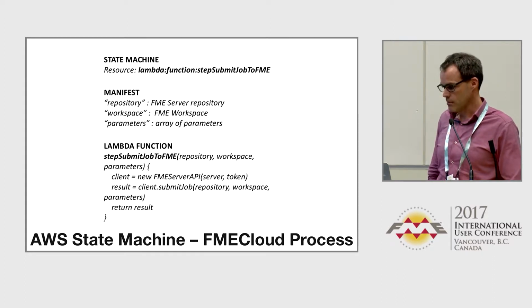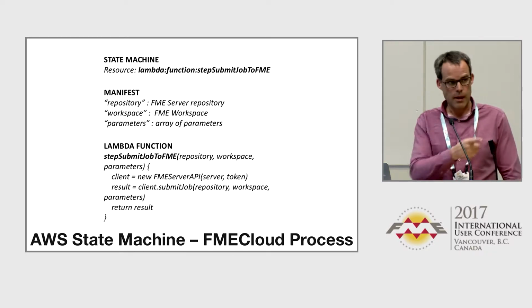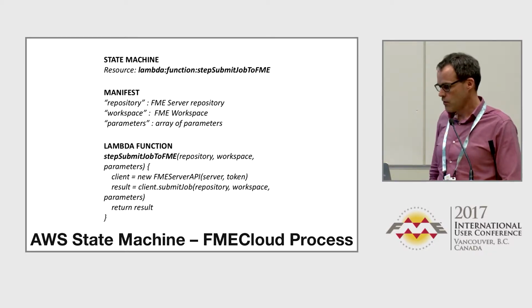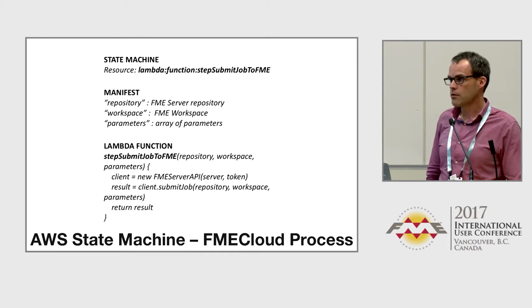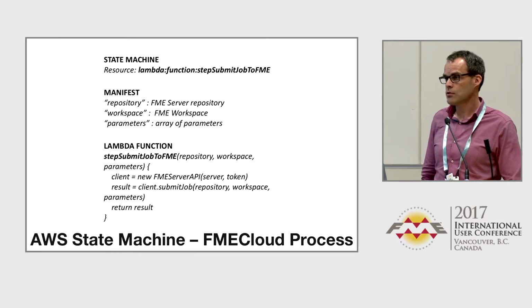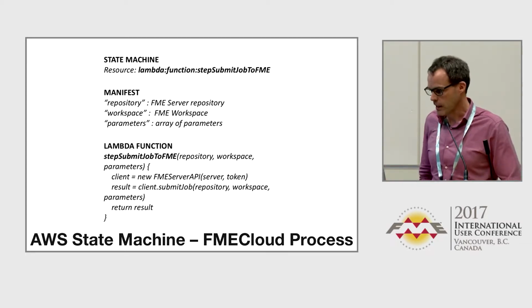For all those developers out there, my colleague Matt right here developed a node package for the FME Cloud API and an FME Server API. It's up on Node Package Manager, so you can do npm install and get either of those.